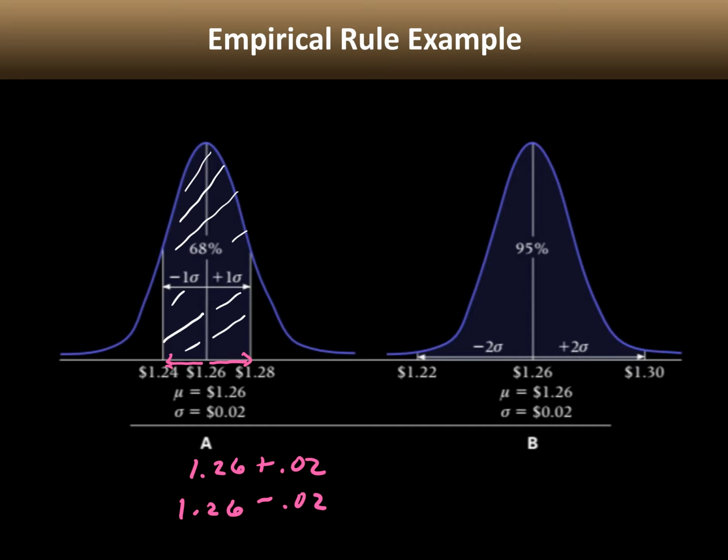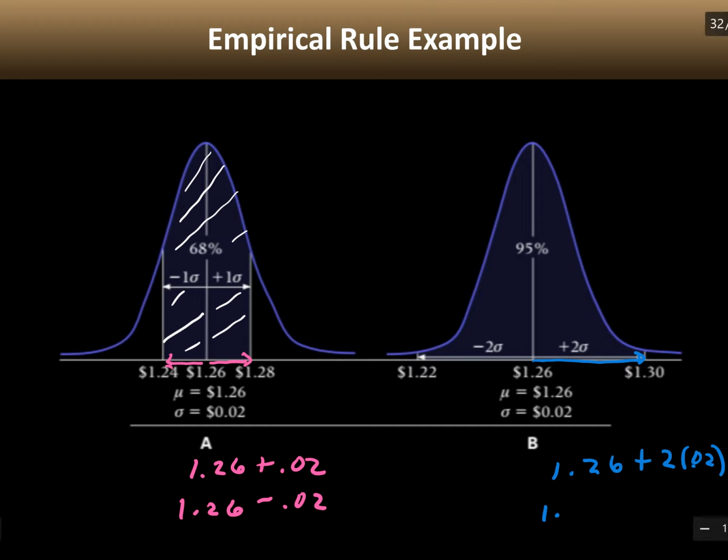Okay, moving on to 2 standard deviations. So if we go $1.26 plus 2 times 2 cents, right? That's going to be adding 4 cents. So that's going to be $1.26 to $1.30. We're going to be 2 standard deviations above.